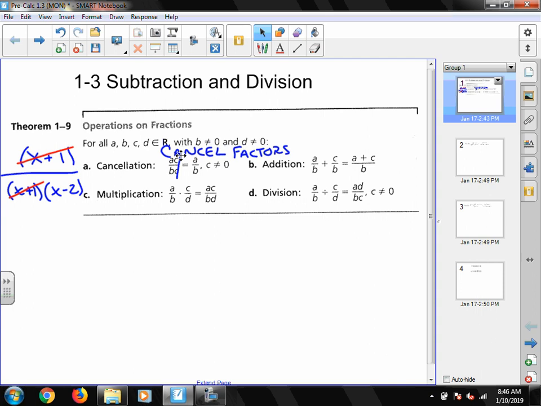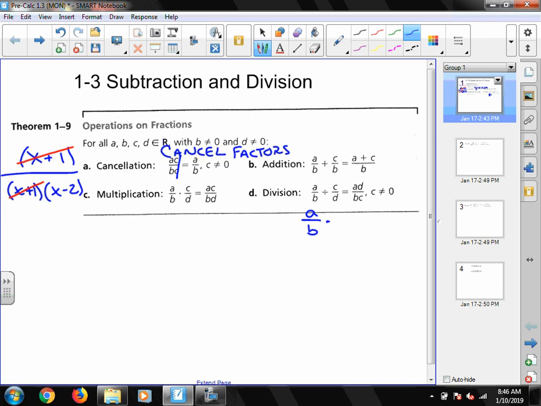With division, hopefully you guys have heard me talk about keep, change, flip, but all you end up doing is keep the first fraction the same, and you will multiply by the reciprocal, or flip the other fraction.